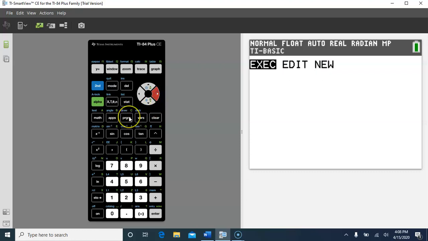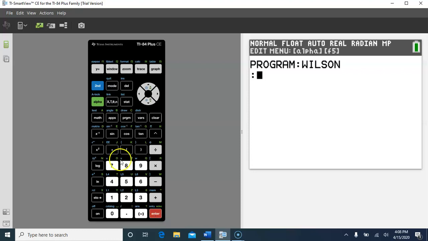So I clicked on the program button and I'm arrowing over to the new menu. I'm going to create new. And it's got the alpha cursor here, so I get the letter equivalent of any button that I press, and I'm just going to spell out Wilson. So I'm basically creating a program called Wilson, and it's not really that many lines.